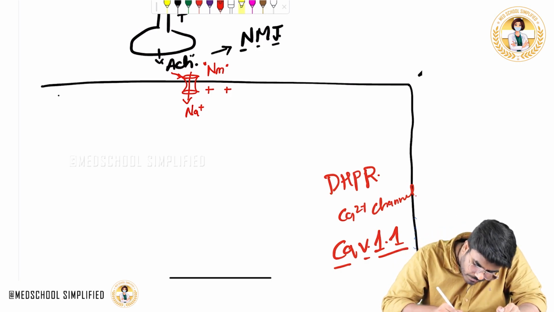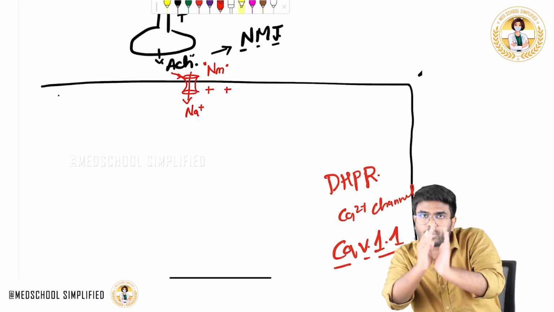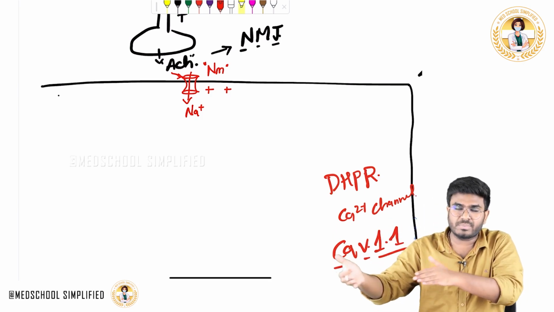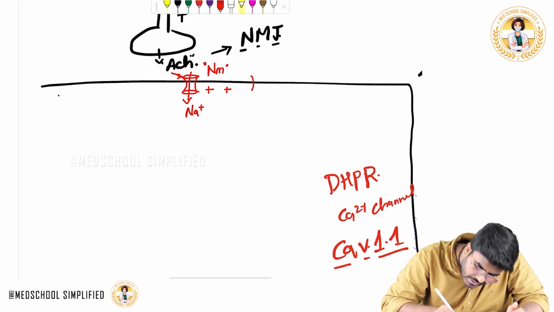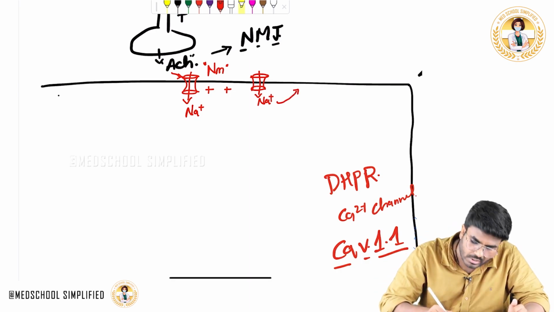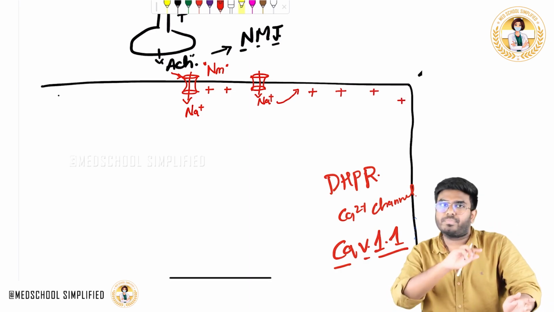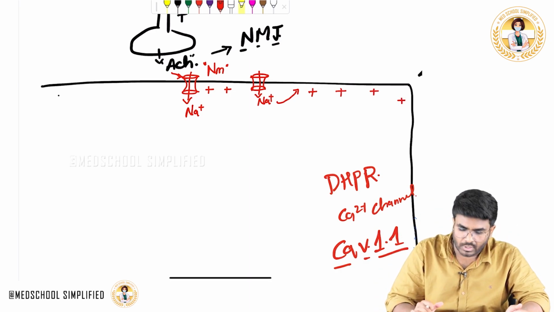Now what will the sodium do? The sodium will move into the surrounding areas, causing subsequent depolarization. So again, new sodium channels will start to open and sodium will come into the cell, and this sodium will go into the surrounding areas, causing depolarization. So there is depolarization in the muscle membrane, the sarcolemma.